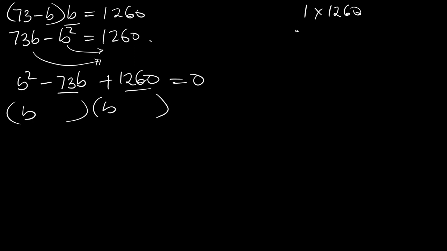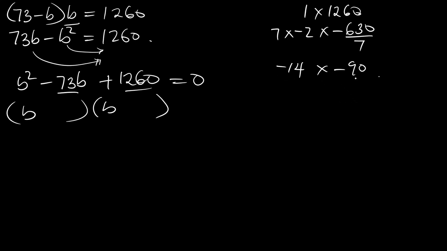Now let's say 2 times 630. This cannot give you that. You sum them up, it will not give you this. Now let's look at dividing this by 7, then multiplying this by 7. We have 14 times 90. Now if you sum this up, it will not give you this.